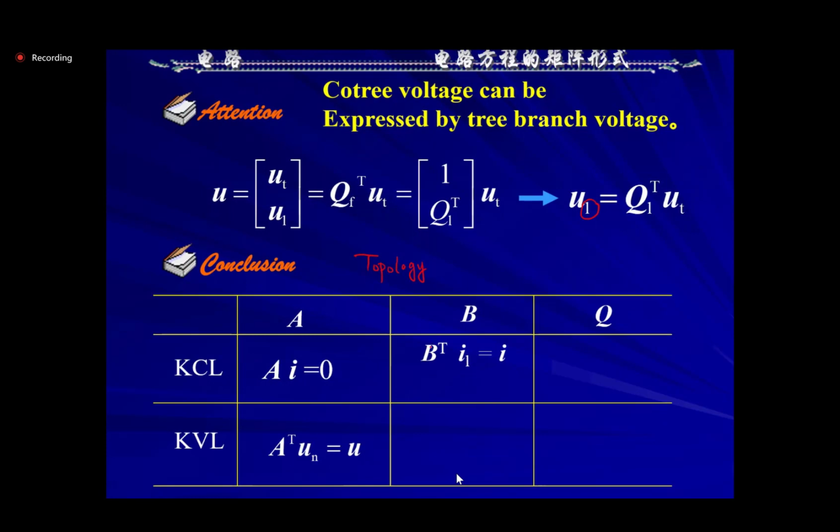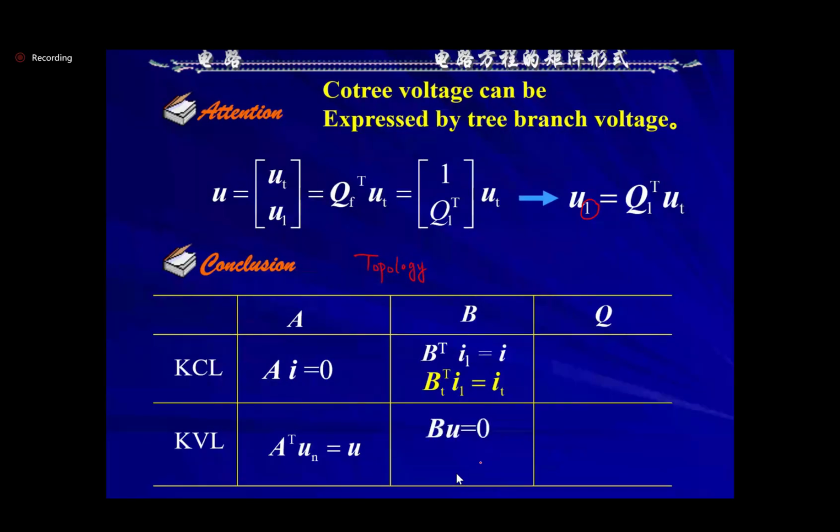For the matrix B, the KCL is B transform IL, the loop current, which is also the cotree current, equals I. Or the tree current equals the B tree part transform multiply IL.